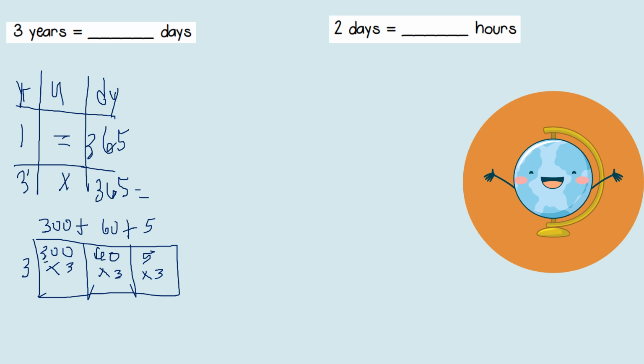Remember, focus on what's not 0. 3 times 3 is 9, 2 zeros, plus 6 times 3 is 18, and 1 zero. And 5 times 3 is 15. And we add all that up. So 5, 9, and 10. So 3 years is equal to 1,095 days.